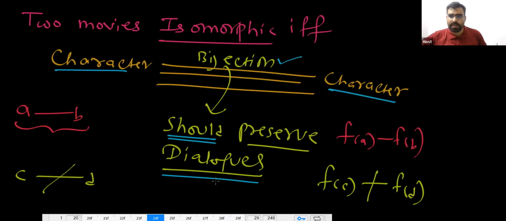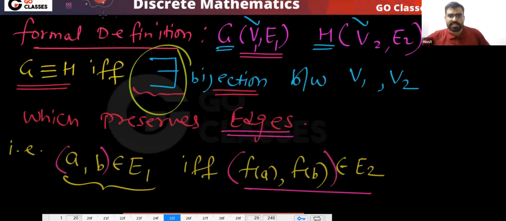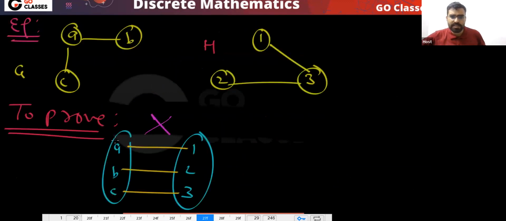You must have a bijection between V1 and V2 which preserves the edges. This is very important. What does it mean? It means that if they have a dialogue, then their images should also have a dialogue. Yes or no? See, this bijection will not work.